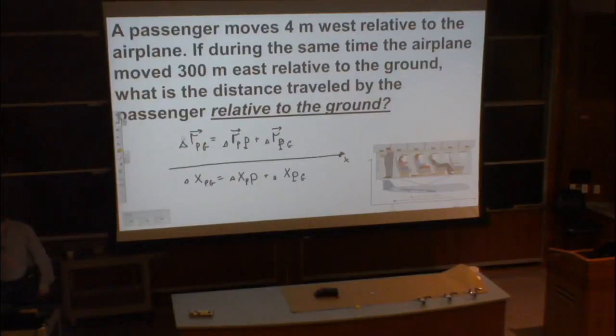Now, what do we know? A passenger moves west relative to the airplane. So that's what we call west. This number, which represents this displacement relative to the positive x direction, should be what? Positive, negative, or zero.